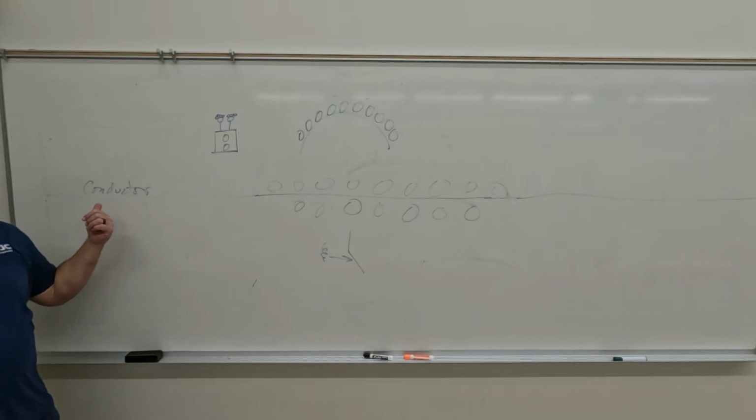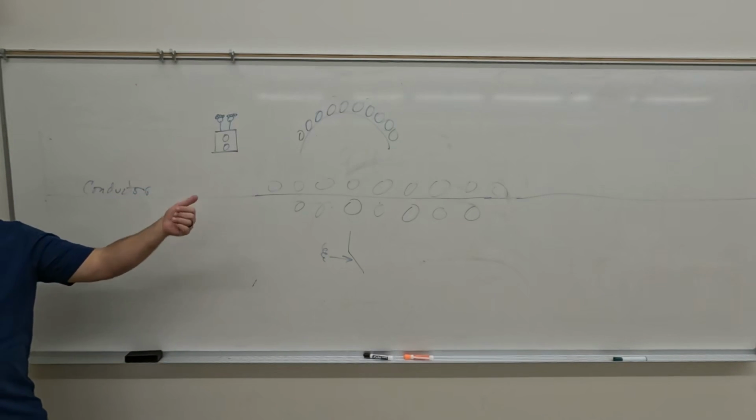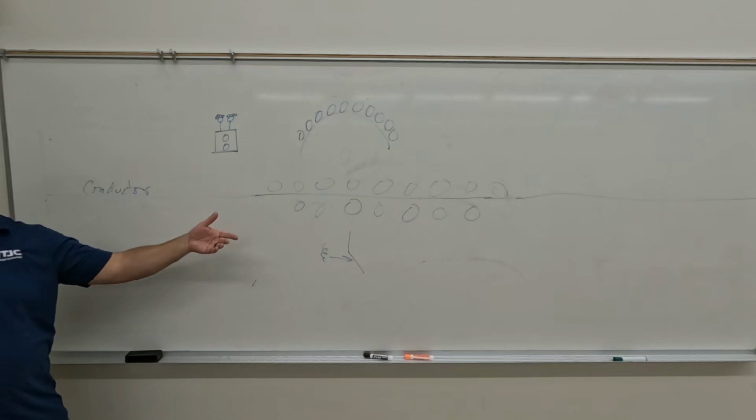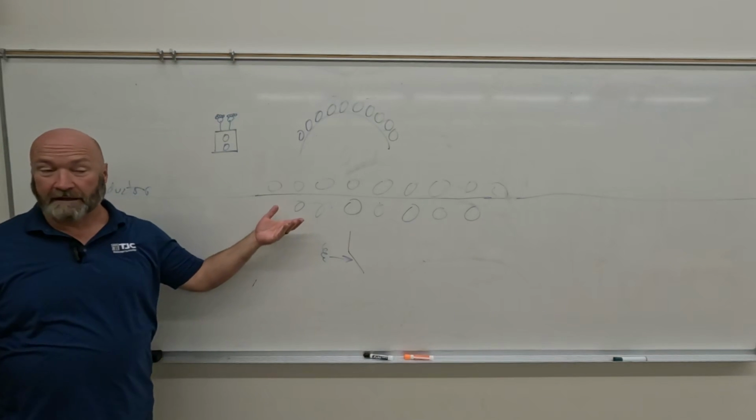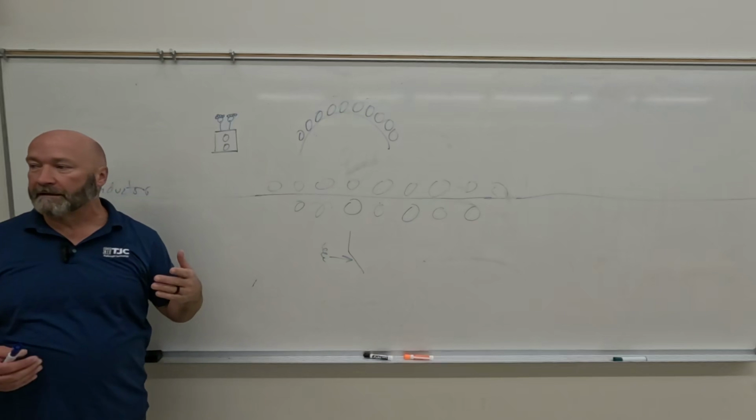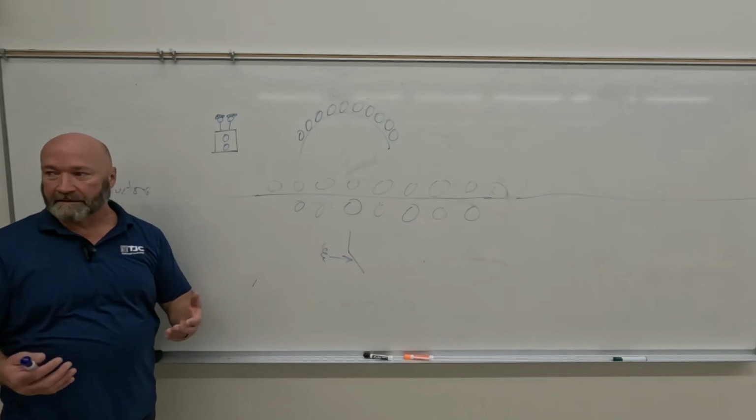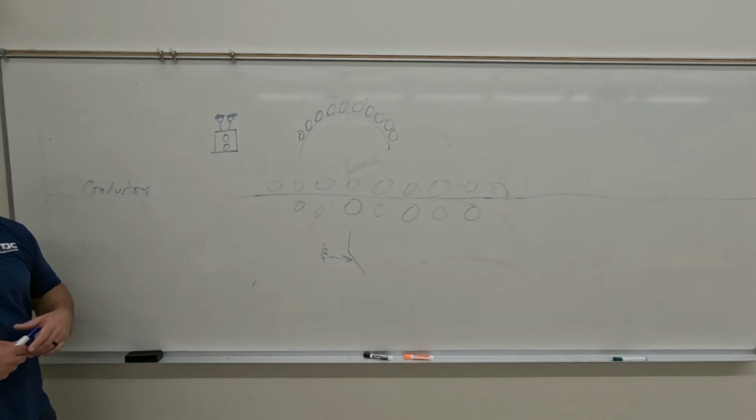So in order for a conductor to be as efficient as it could possibly be, you want to remove some of that resistance. With the resistance creating heat, if we remove the heat, then we will remove some of the resistance.